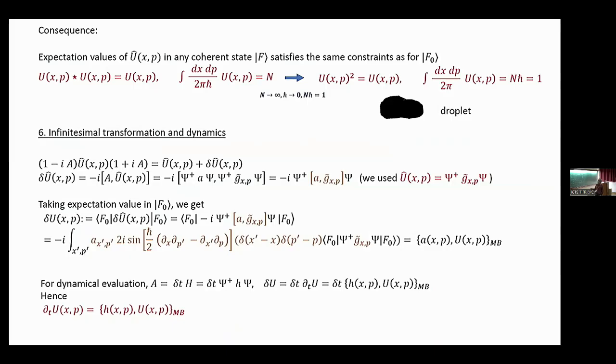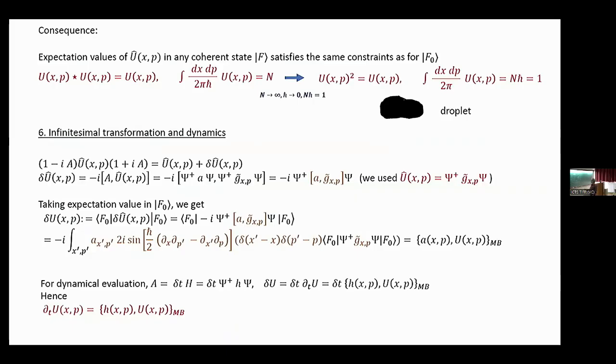By using that fact, you can now use the commutator of A with GXP, where this A itself is a linear combination of GXP. So A is a sum of A x' p' with G x' p', and then there is a W infinity algebra that I can use to say that this is given in terms of some new element of the W infinity algebra, obtained by using the structure constants.